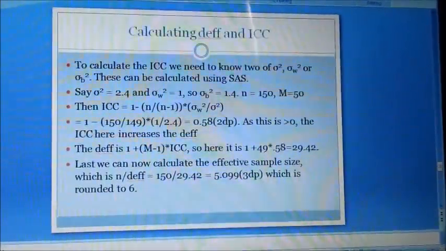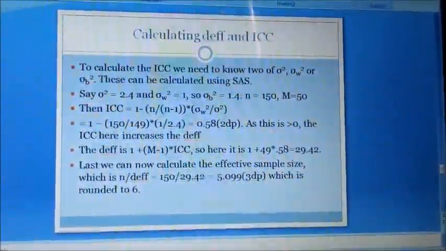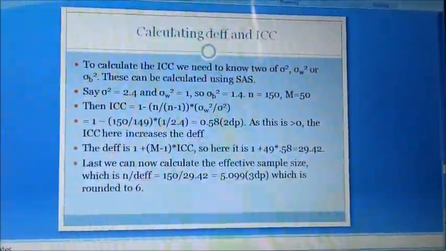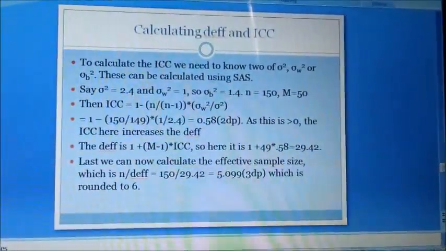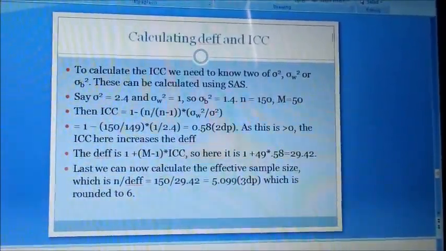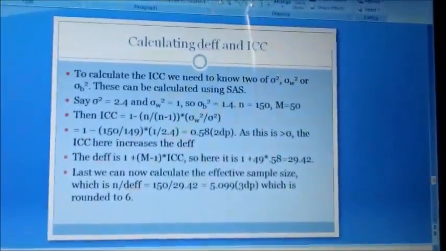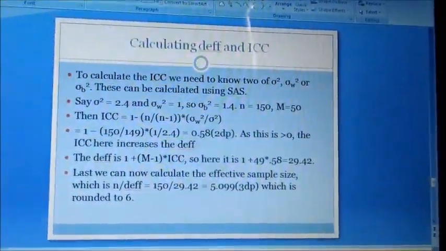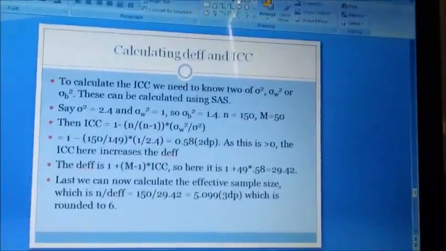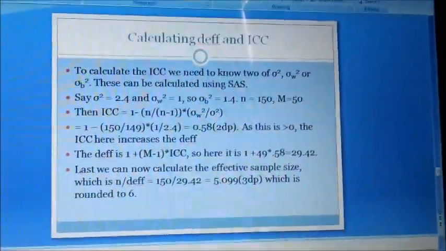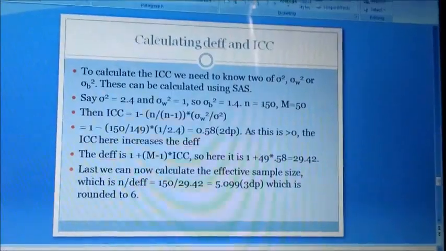And since this is greater than 0, we can tell that the ICC is going to cause the design effect to be higher. So yes, the design effect here is equal to 1 plus m minus 1 times ICC, which is 1 plus 49 times 0.58, and that comes out to be 29.42.